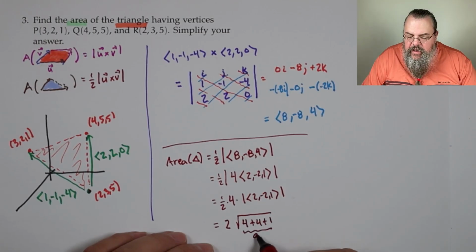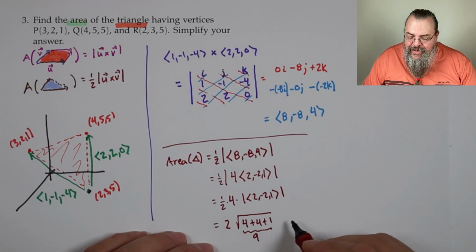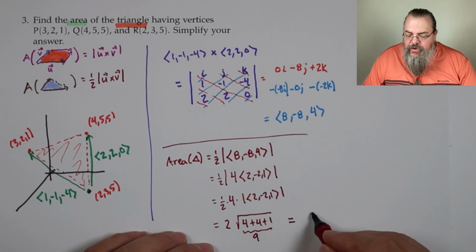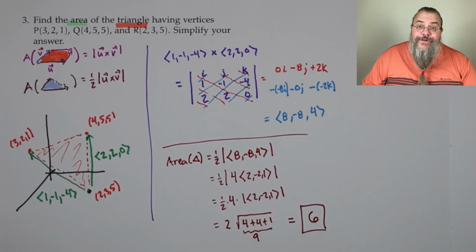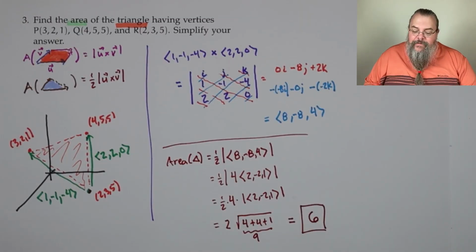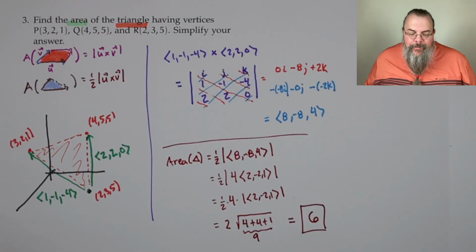Well, you add that up, you get 9, and the square root of 9 is a nice number. So we end up with 2 times 3, or 6. So the area of our triangle that we were asked to find is 6. Woohoo! Nice, nice. All right.